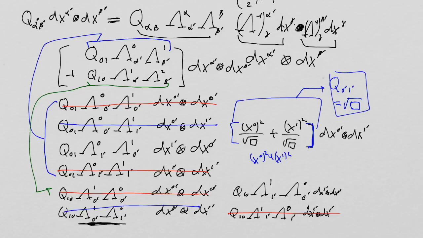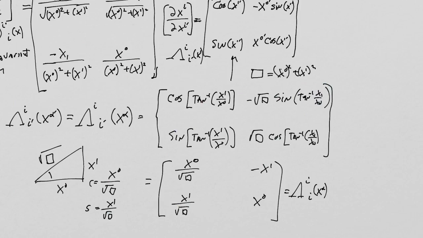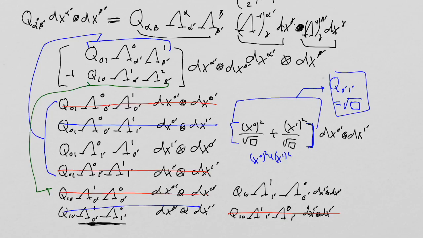So now I need this one here. So I need 0, 1 prime, 1, 0 prime. So we go back here. 0, 1 prime is minus x1, and 1, 0 prime is this. So it's minus x1 squared over root box.